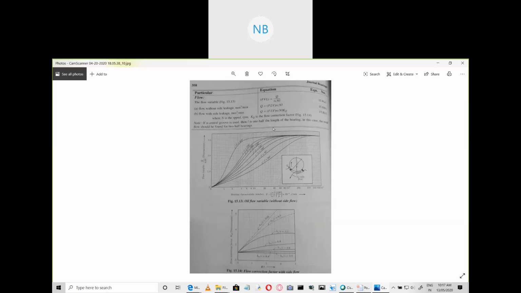So now you need to find out the amount of flow variable here. So the amount of flow required to cool the extra heat generated. Now to calculate this, first you need to find out the difference of heat generated and heat dissipated.